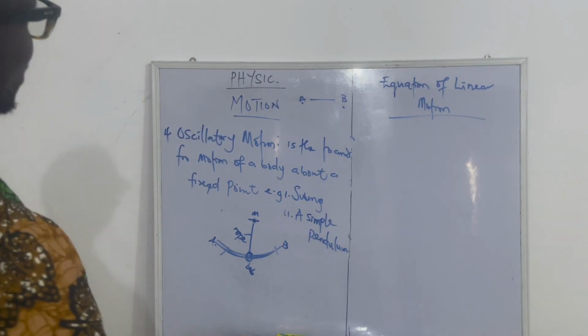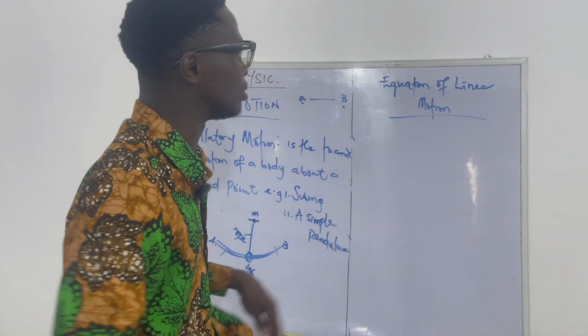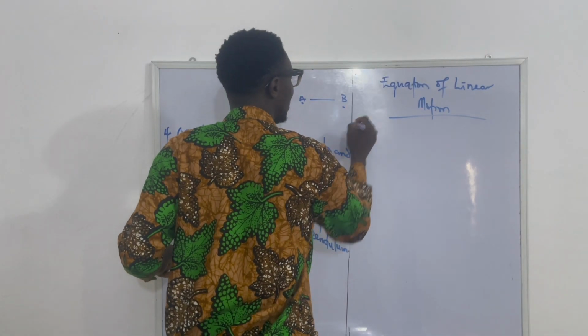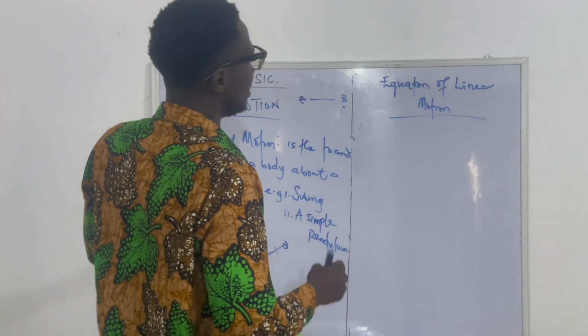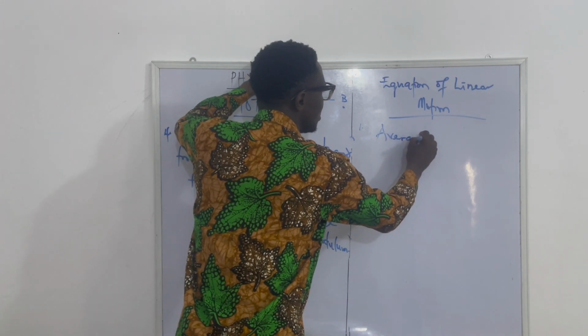What can be done when we talk about equations of linear motion? We have some equations, and the first equation of linear motion is gotten from average velocity.